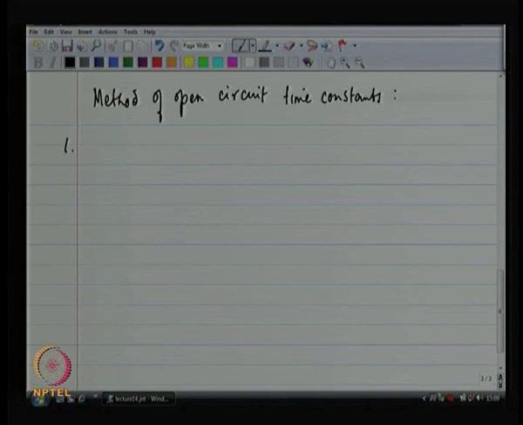It works when the system has only poles. That is the basic, most important limitation that we have got: when the system has only poles, no zeros, then the method of open circuit time constants works very well.